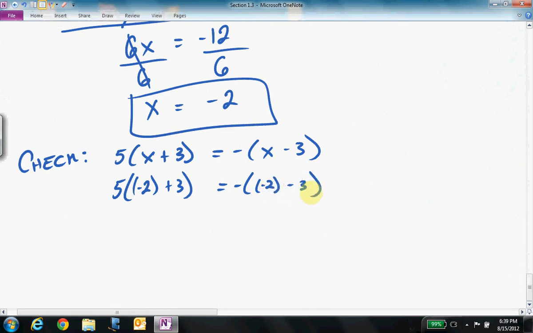And now I'm going to start simplifying. So in parentheses first, negative 2 plus 3 is 1. And negative 2 minus 3 is negative 5. 5 times 1 is 5. The opposite of negative 5 is 5. And we can see 5 equals 5. So we know we've done the problem correctly.